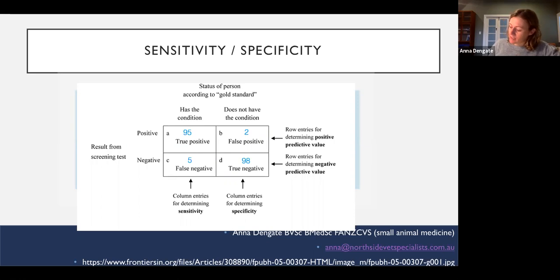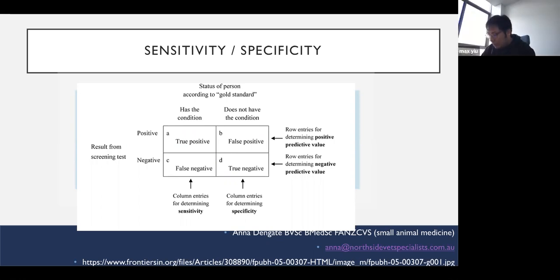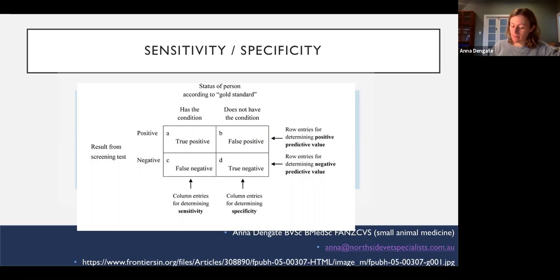The sensitivity, now that we've got other ways of detecting lepto, has actually been listed as 67%. So Max, can you be my scribe? So 67% for MAT. 67%, that's sensitivity. And then 100% specificity.